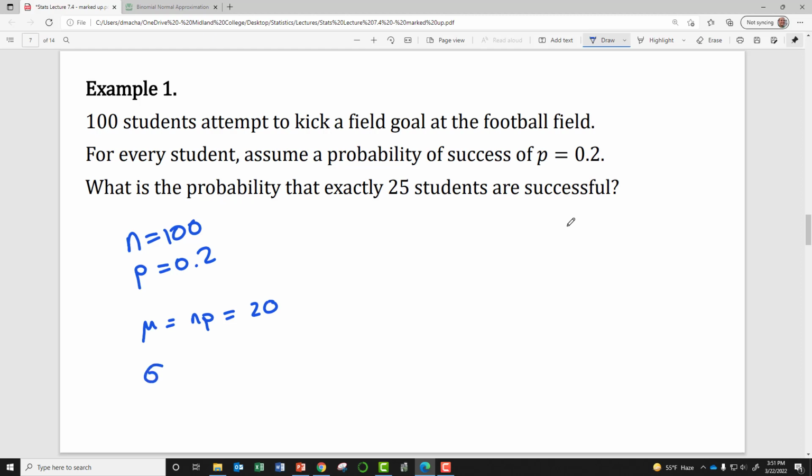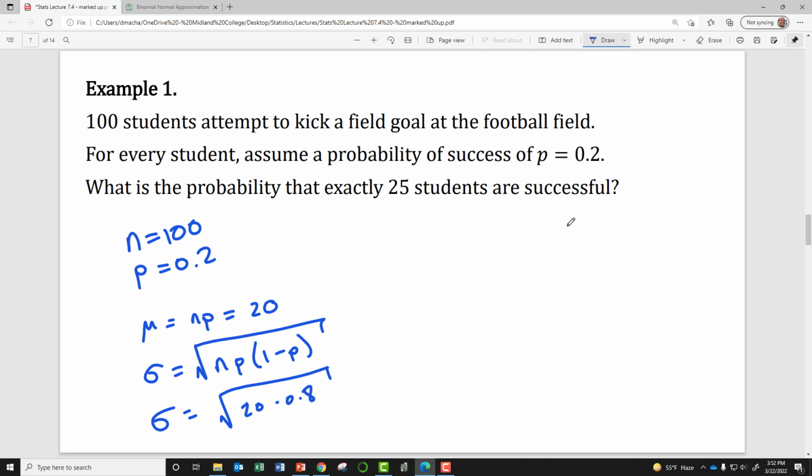Now my standard deviation is the square root of n times p times 1 minus p. So this is going to be square root, and n times p is 20, so this is 20 times 1 minus p would be 0.8. So 20 times 0.8, I think is 16.